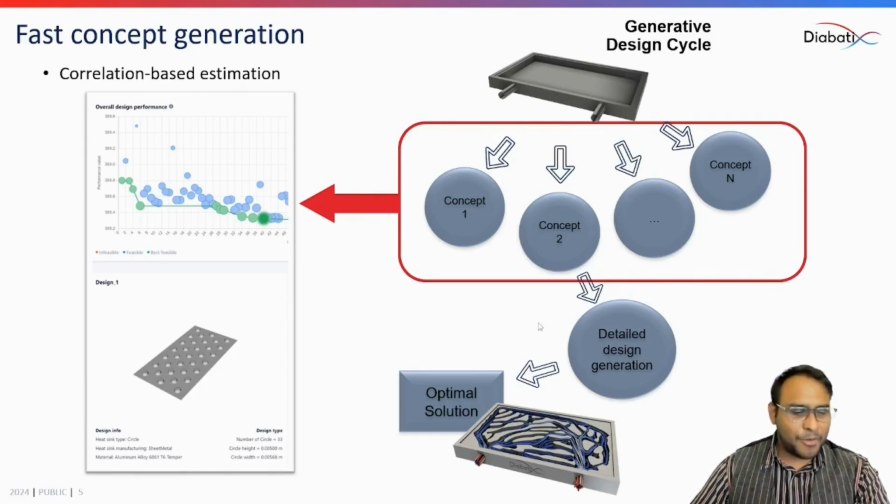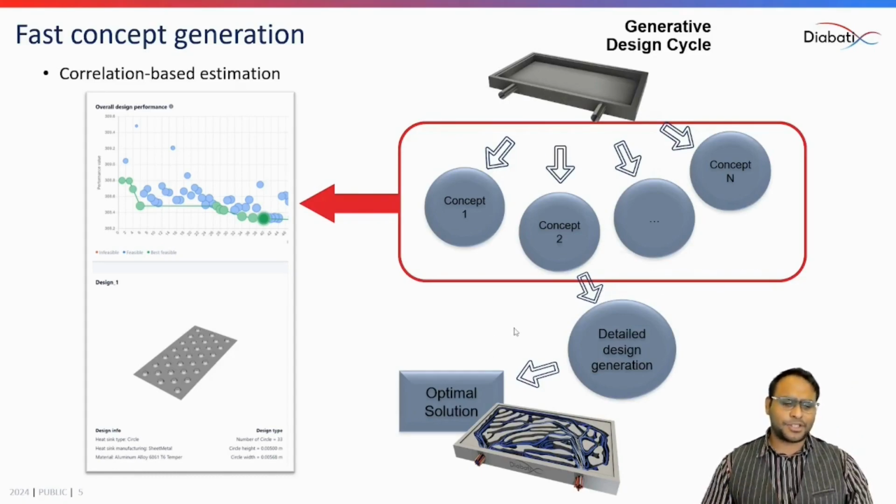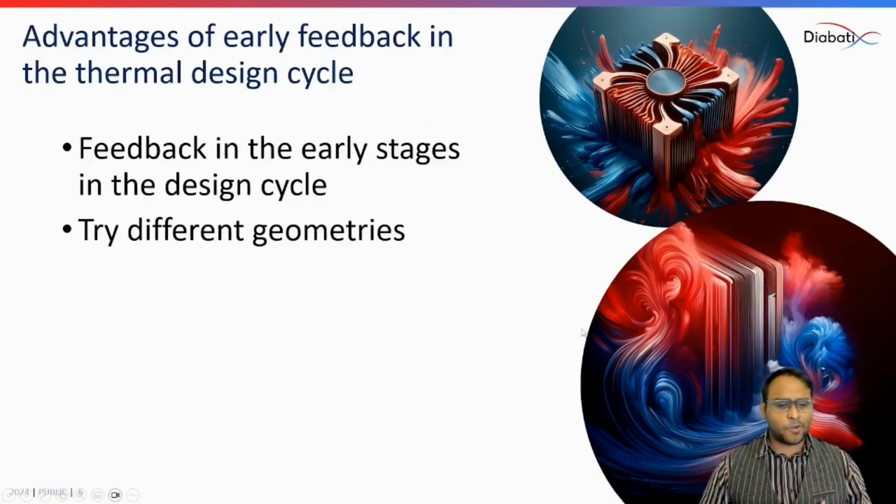But before we actually get into the technicalities of things, let's first ask ourselves, why do we really need these early concepts? When you talk about the concept generation capability of ColdStream, and you talk about significantly accelerating your iteration cycles, this not only enables you to get to a better starting point, but also helps you have a crystal clear view into the early design stages of your design process.